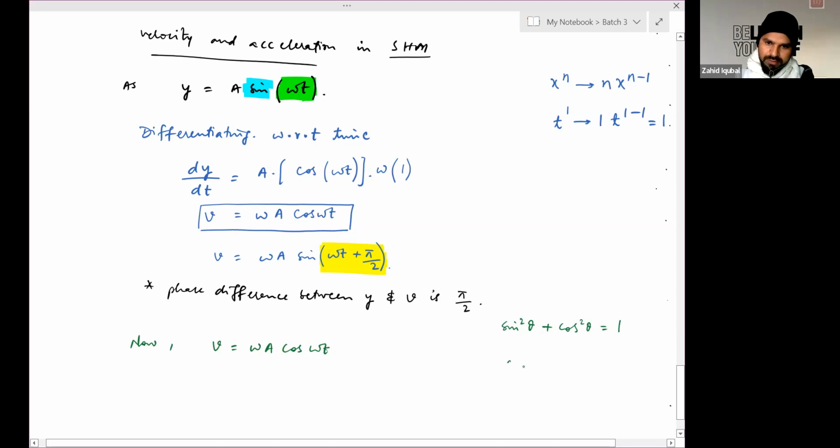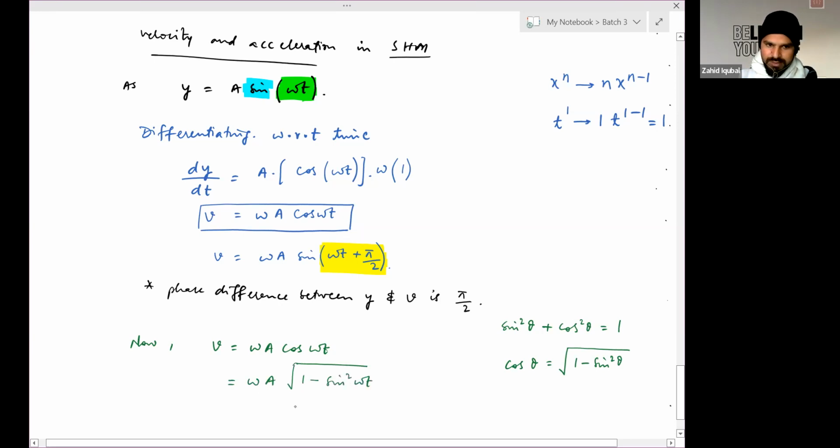So we may write cos theta equals root under 1 minus sine squared theta, by bringing the sine squared theta to the right side and taking the square root. Similarly, for cos omega t, we may write root under 1 minus sine squared omega t.